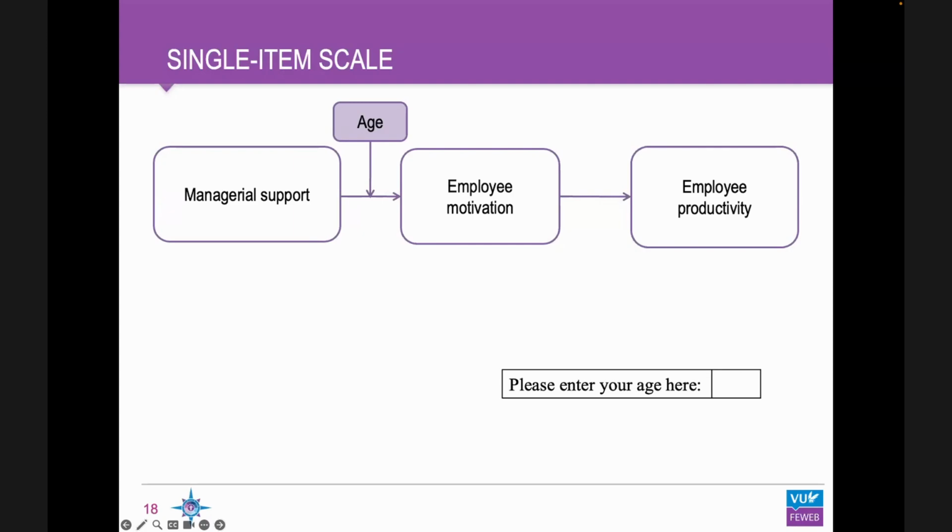Someone else could be very much opposed to this. If they say, okay, I don't want to give any of my income to protect the environment, then they would be very likely to say strongly disagree to this as well. And that would also be a high correlation. That's a good one.